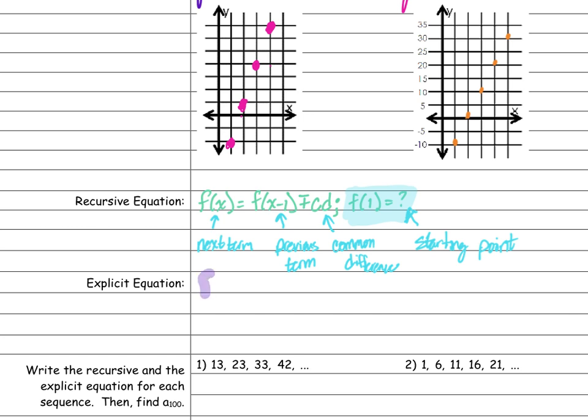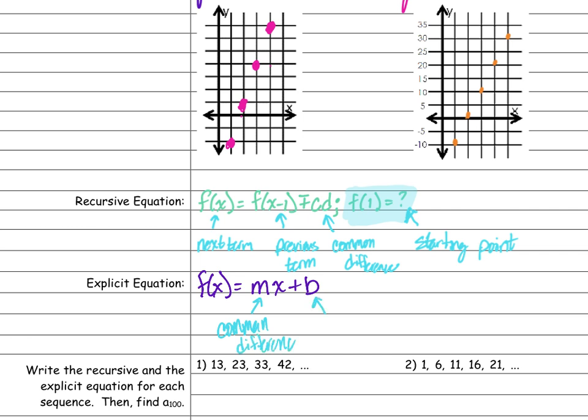This is going to be f of x equals mx plus b, right? You've seen it, you've had a checkpoint on it. M is my common difference.